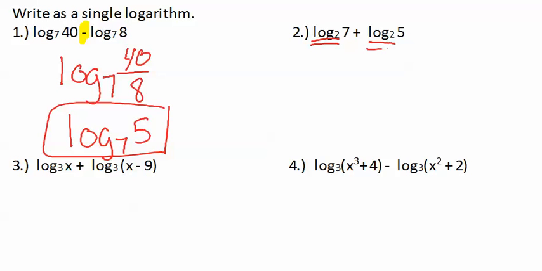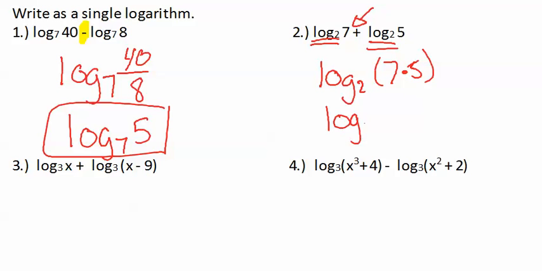With number 2, we have the same base, but because it is addition, we're going to use the product property. So we're going to have log base 2 of 7 times 5, which will be log base 2 of 35. For number 3, again, that base is the same.